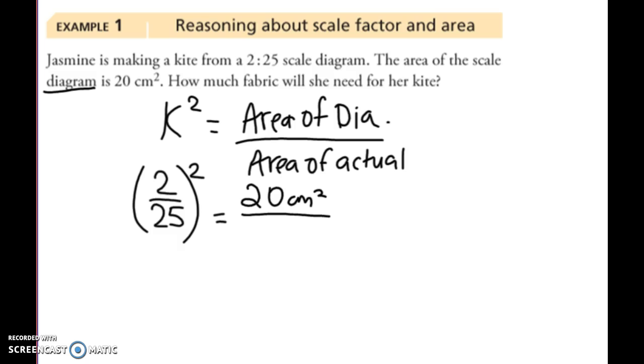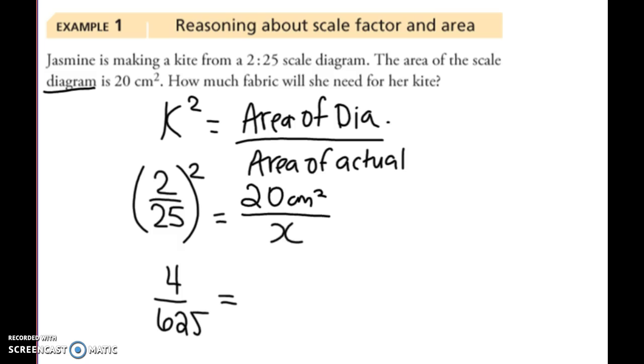And the question is, how much fabric will she need to make the actual kite? So we don't know that part. First thing we're going to do is square our 2 and square 25. So 2 times 2 is 4, and 25 times 25 is 625.